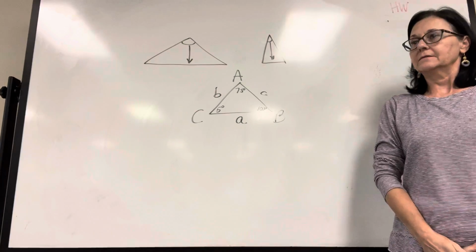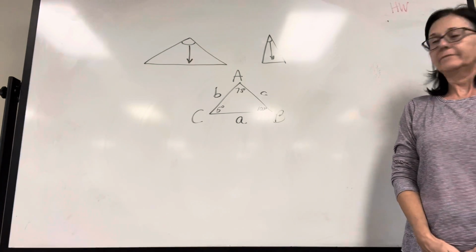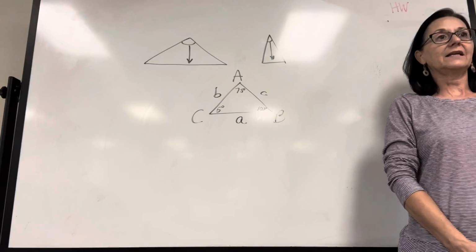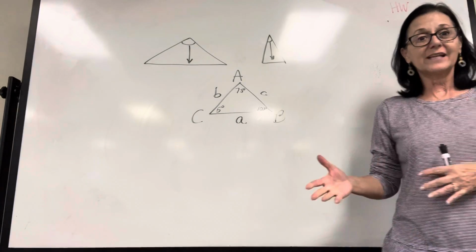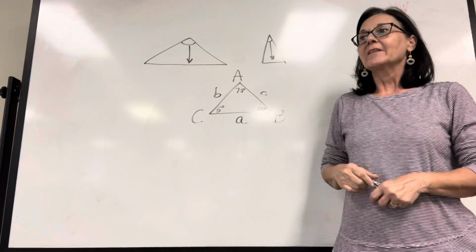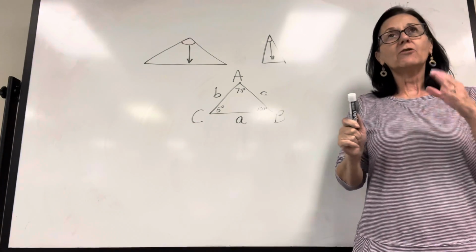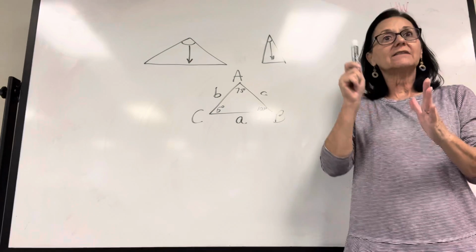Alexis? B. What would be the shortest side? Elliot? C. You see that? Even though this is not a very nice drawing, the angle sort of dictates the length of the side opposite it.